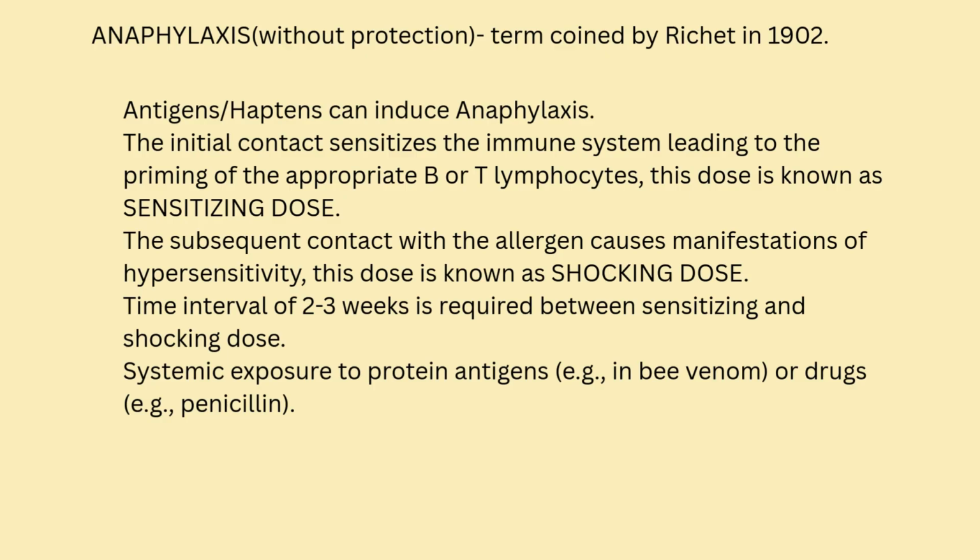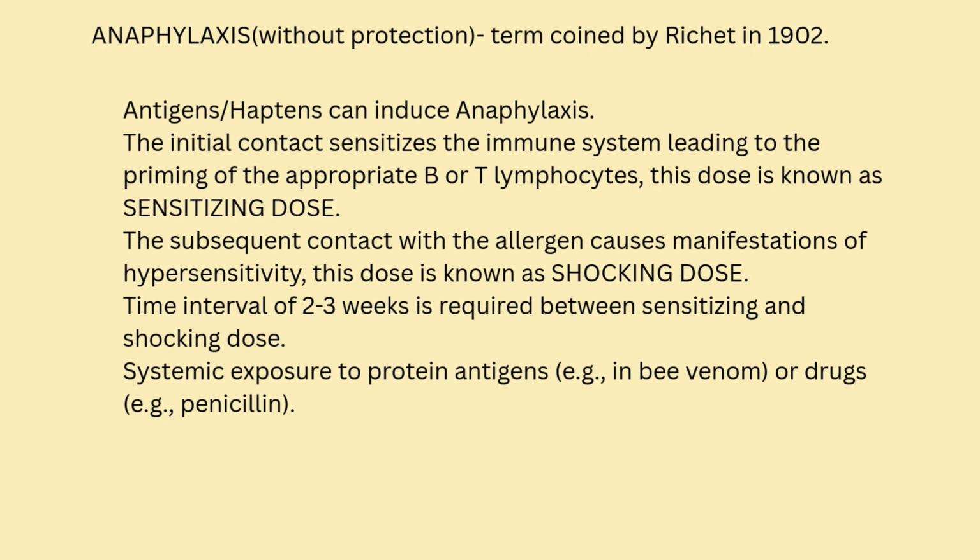Now let's talk about anaphylaxis, meaning without protection. The term was coined by Richet in 1902. The antigen or haptens can induce anaphylaxis. Initial contact sensitizes the immune system, leading to the priming of appropriate B or T lymphocytes, and this dose is known as the sensitizing dose.